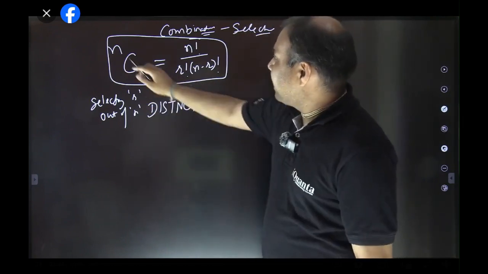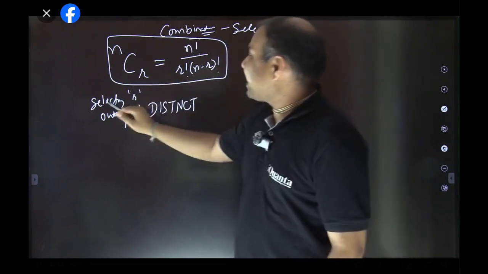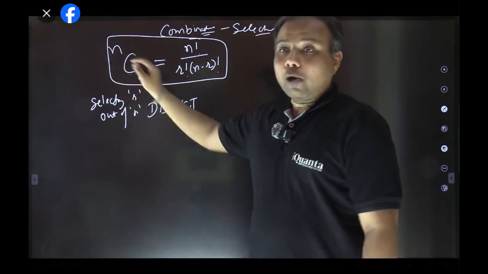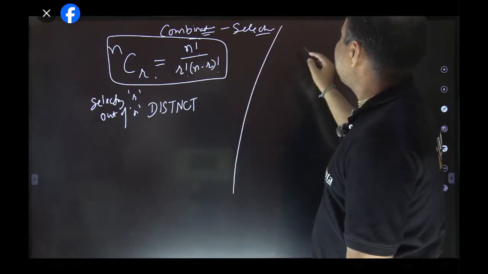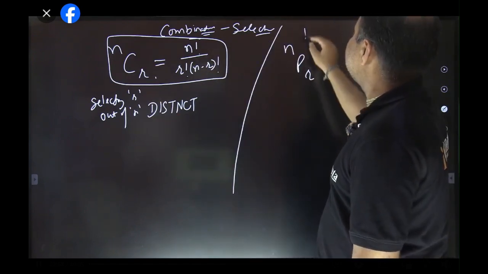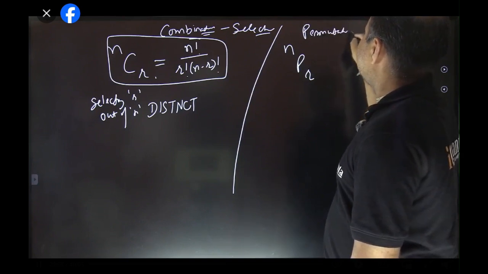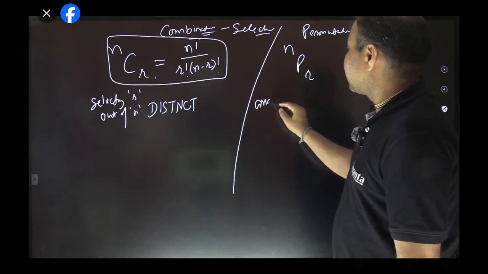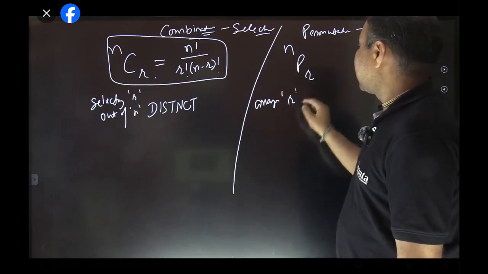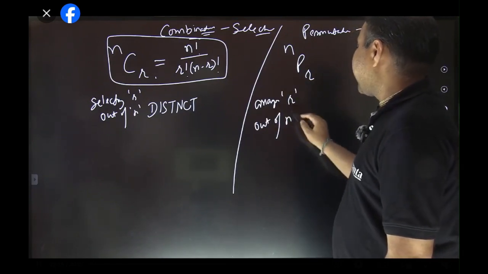Anyway, so let's repeat. NCR is combination or selection, which means selecting R things out of N things. And the things are distinct, all are different things. And this is the result. And along with that, we also discussed about NPR, which is basically permutation, or we can say arrangement. So basically arranging R things out of N distinct things.